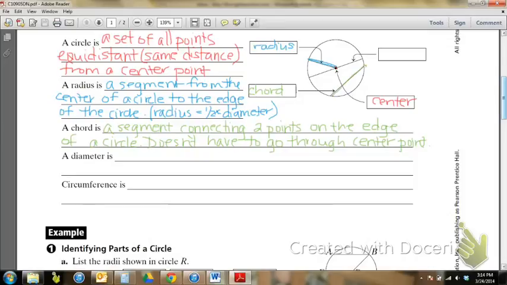And a diameter is a chord that does go through the center.